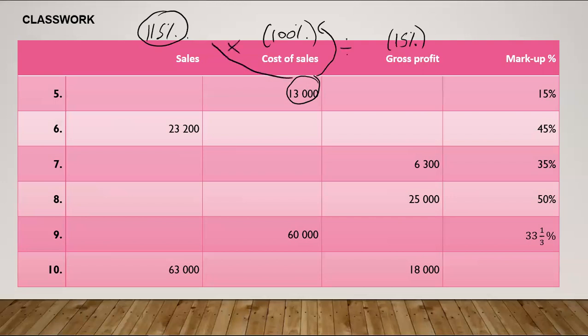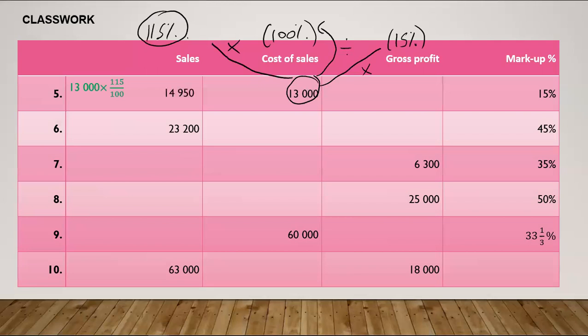If I want gross profit, I'll take the 13,000, multiply it by 15 and divide it by 100. For me to calculate sales, I took 13,000 and multiplied it by 115 divided by 100. It gave me a sales figure.